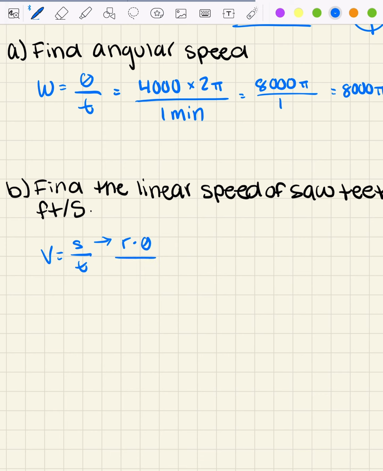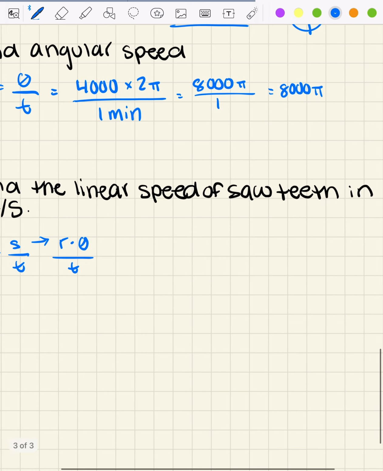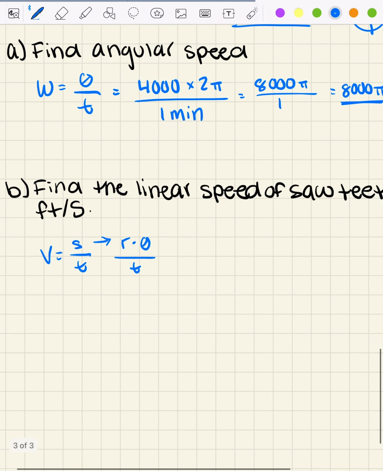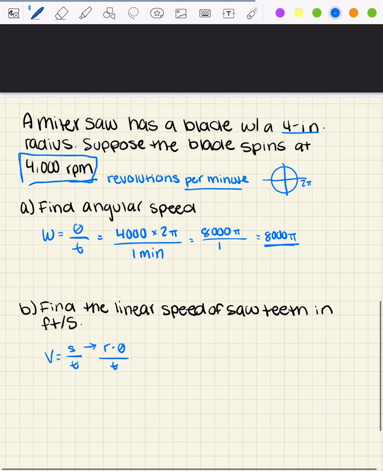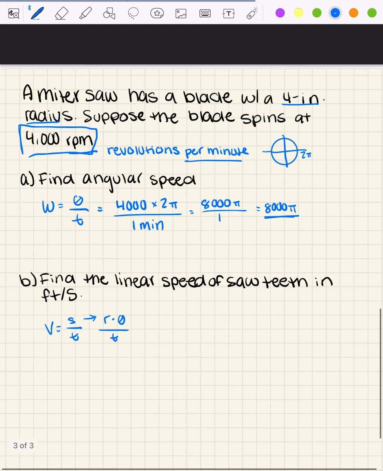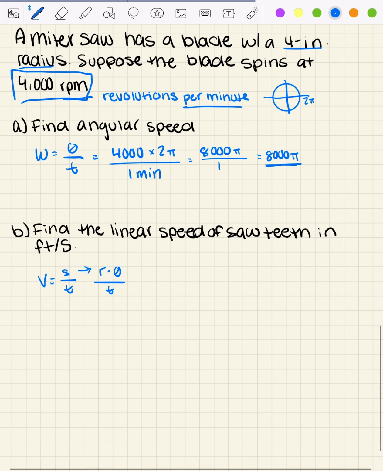So we're basically finding radius times theta over time. So we have theta. We actually just solved for it up here. And we have the radius. If we go back into the question, it tells us there's a 4-inch radius. And we have time, and it's still per minute.